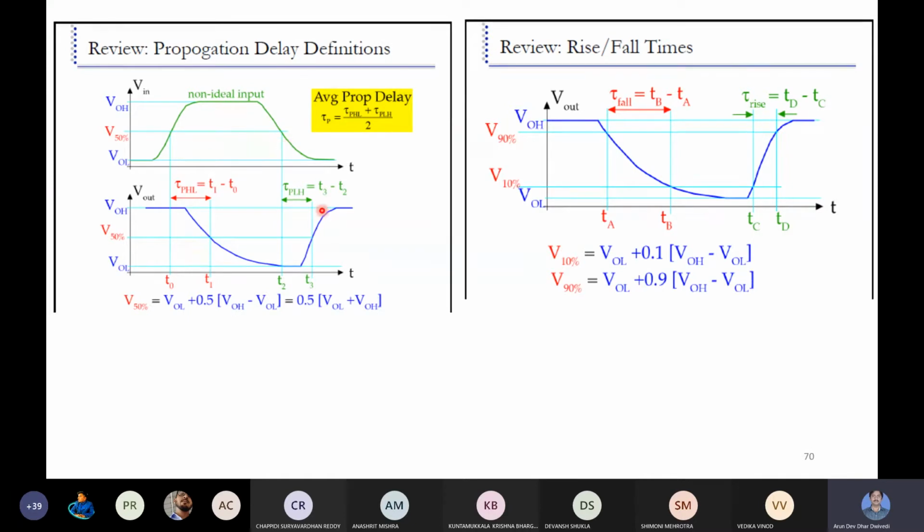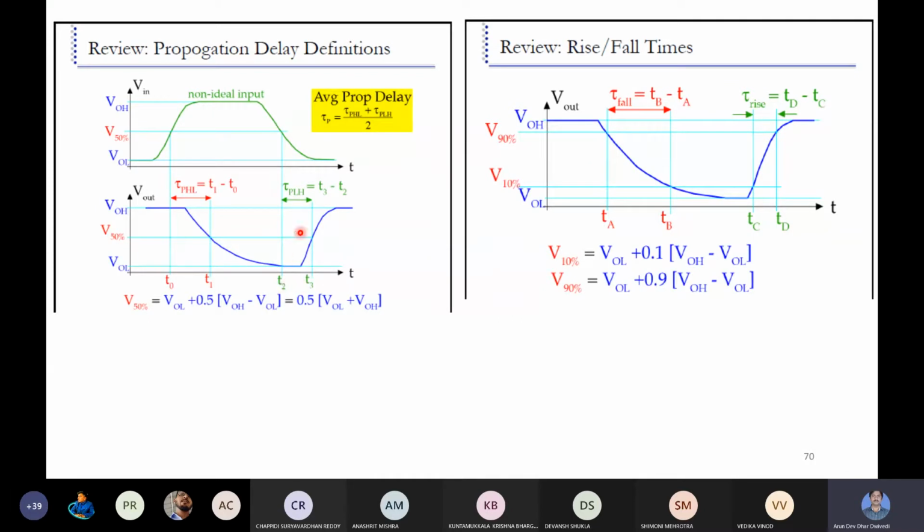Here again we take the 50% point, 50% of VOH. When the output is rising from low to high and reaches the 50% point, this time is T3, and when the input is going from high to low, the time at its 50% point is T2.